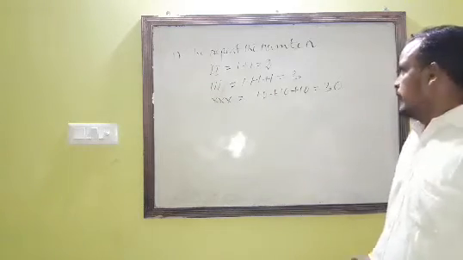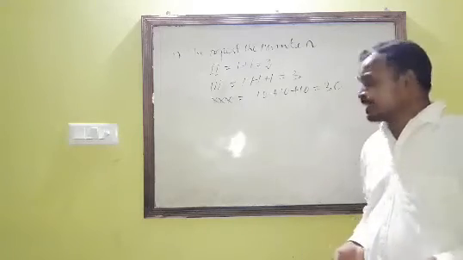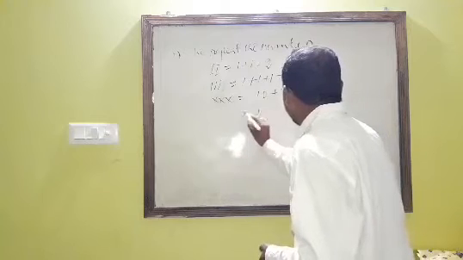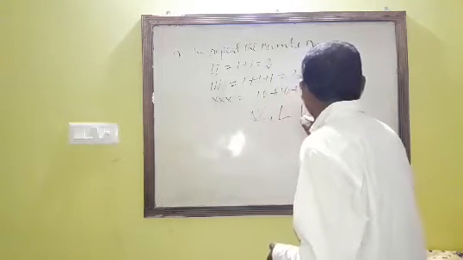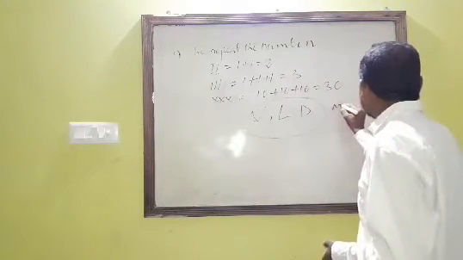And among the 7 Roman numerals, there are 3 Roman numerals, these are V, L and D, which are not repeated.